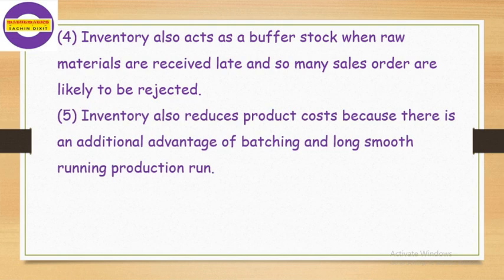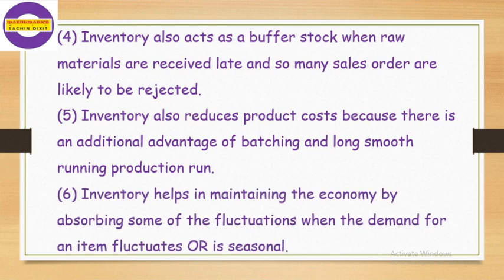Inventory also reduces product cost because there is an additional advantage of batching and long smooth running production runs. And the last one is, inventory helps in maintaining the economy by absorbing some of the fluctuations when demand for an item fluctuates or is seasonal.